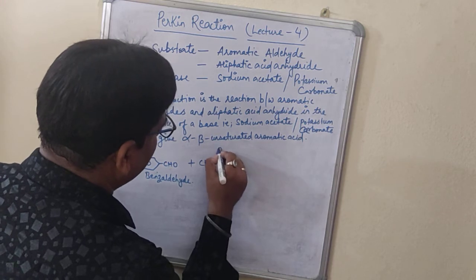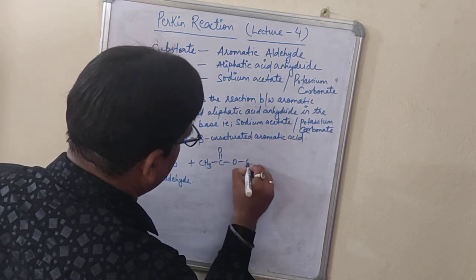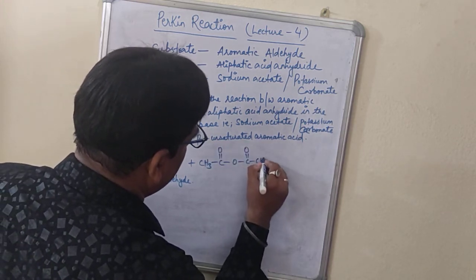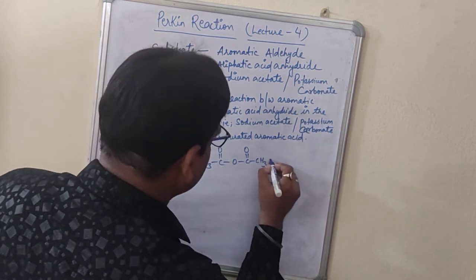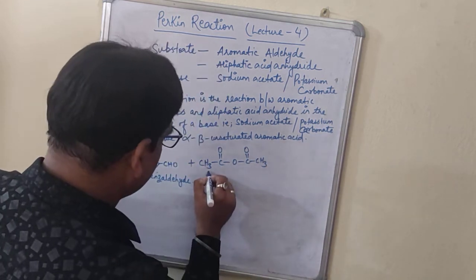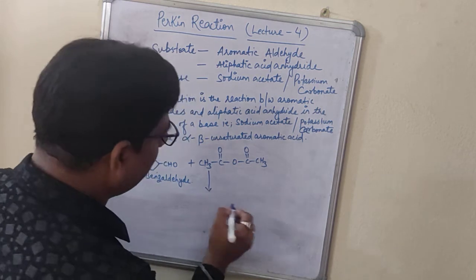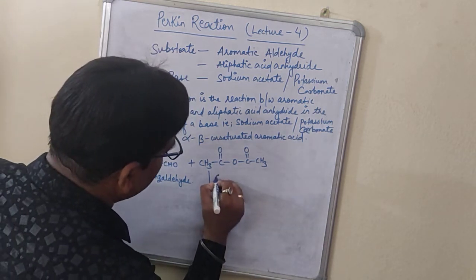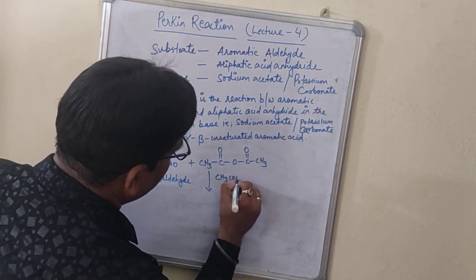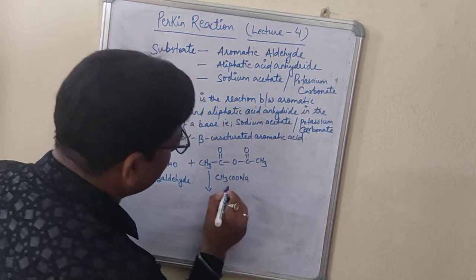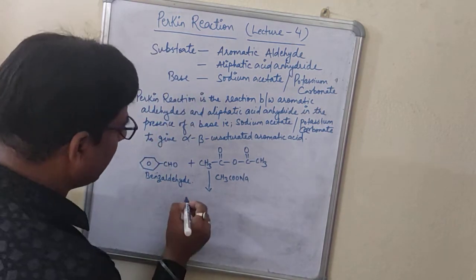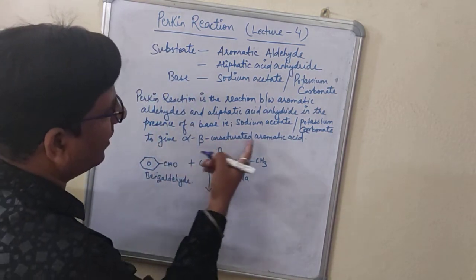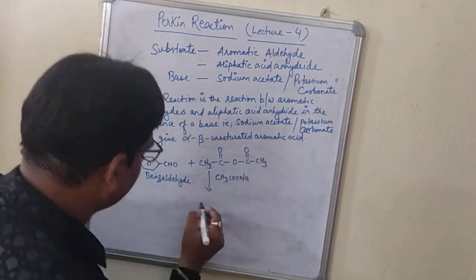So we can write like this: in the presence of what? In the presence of a base, I am writing here, that is CH3COONa, the sodium acetate I am taking. And what will be the product? The product will be alpha beta unsaturated aromatic acid.